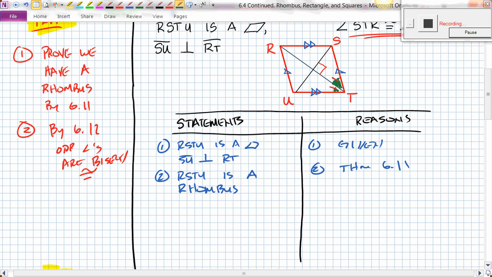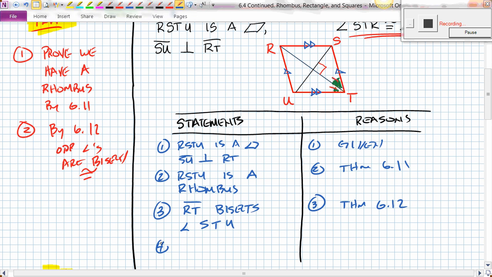If the diagonals bisect at 90 degrees, then the figure must be a rhombus. Great. If the figure is a rhombus, we can say that RT bisects angle STU. Right? That is theorem 6.12.